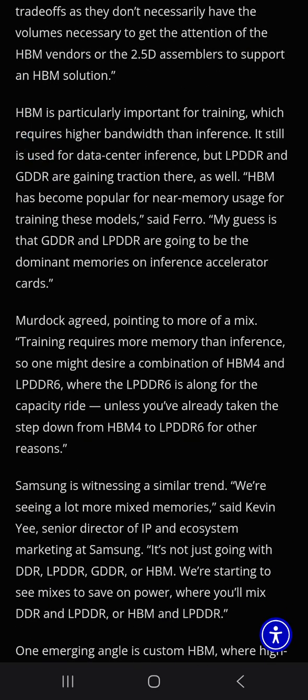HBM is particularly important for training, which requires higher bandwidth than inference. It's still used for data center inference, but LPDDR and GDDR are gaining traction there as well. HBM has become popular for near memory usage for training these models. My guess is that GDDR and LPDDR are going to be the dominant memories in inference accelerator cards.